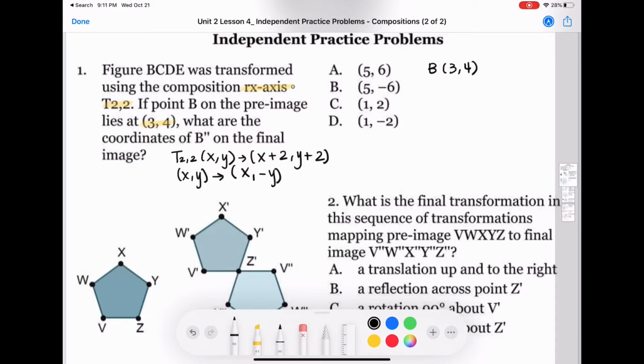Well, we know that we read this composition from rightmost to leftmost.